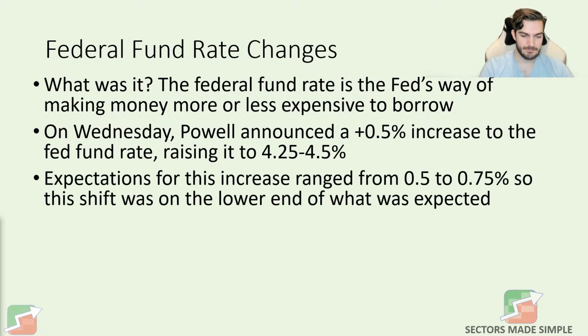Now, the expectations were a little mixed. We expected to see a change. The optimists, the people who were looking at it with a glass half full, wanted 0.5%. The people that were a little bit more pessimistic were expecting 0.75%. So this was definitely on the lower end of that.